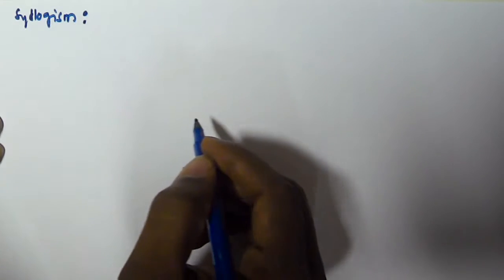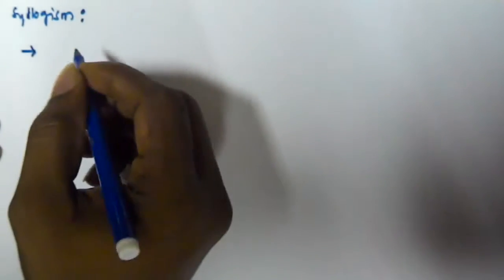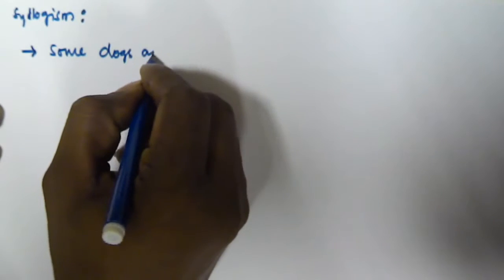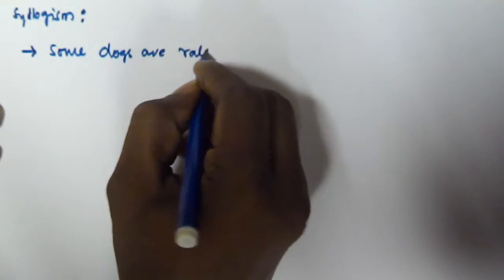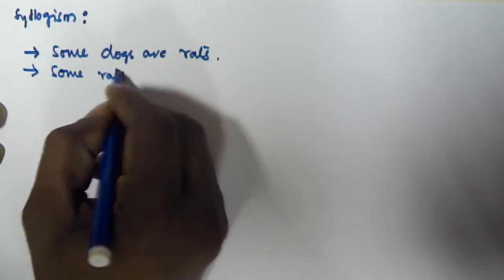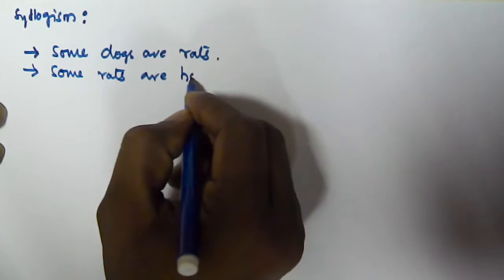Hello friends, in this video we will see another problem based on the syllogism. The first statement given is some dogs are rats, and the second statement given is some rats are horses.